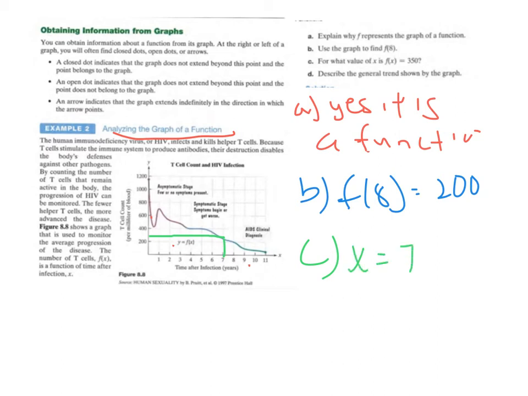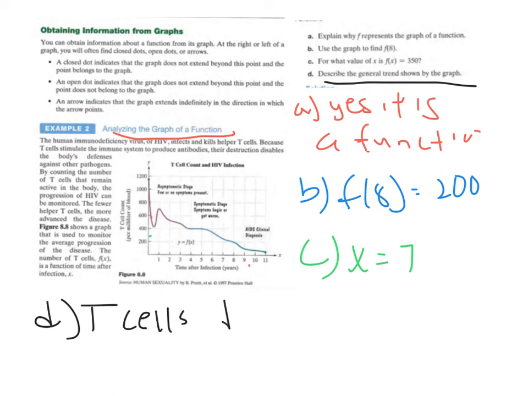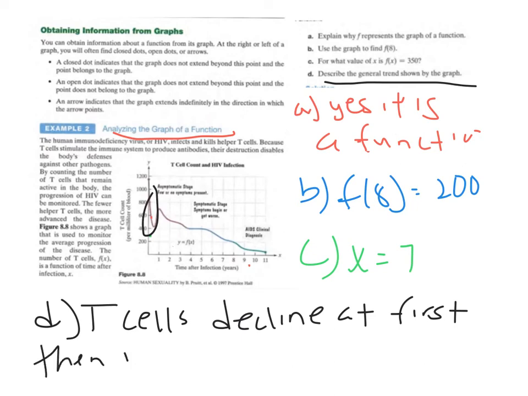The last question is the one that's a little difficult, but we want to describe the trend of the graph. So the trend of the graph is that the T cells decline at first. So you can see how it goes down, then recover by increasing.